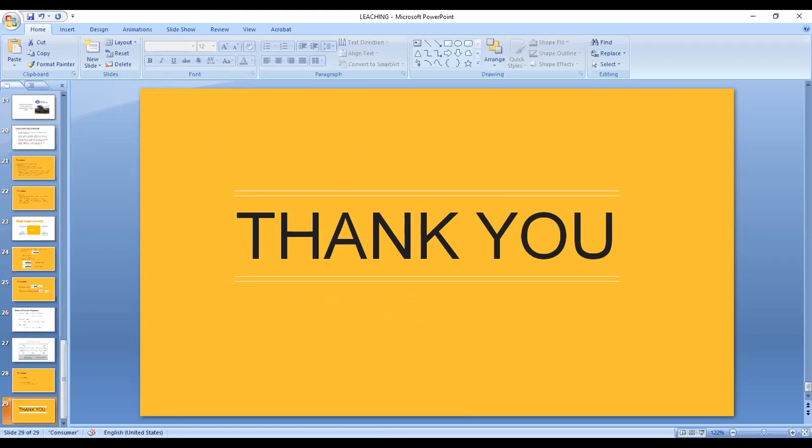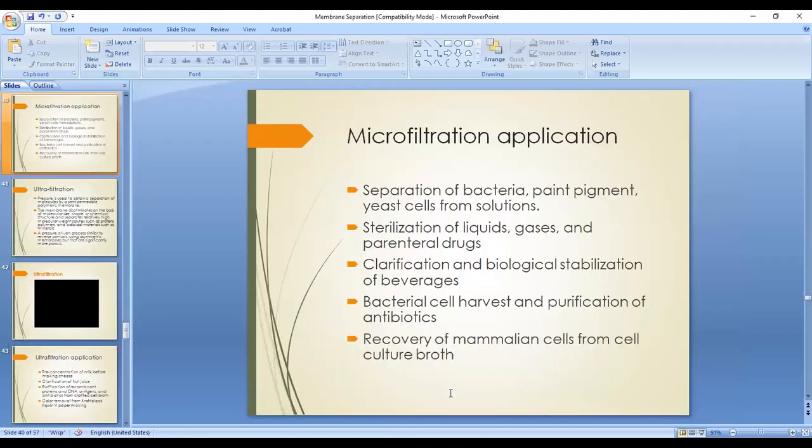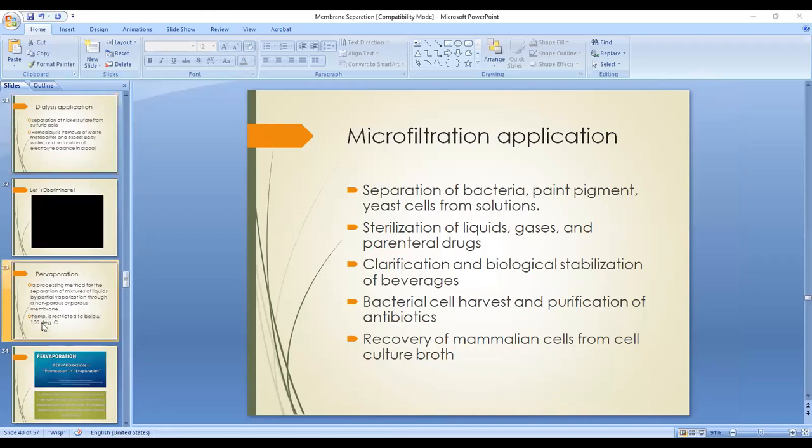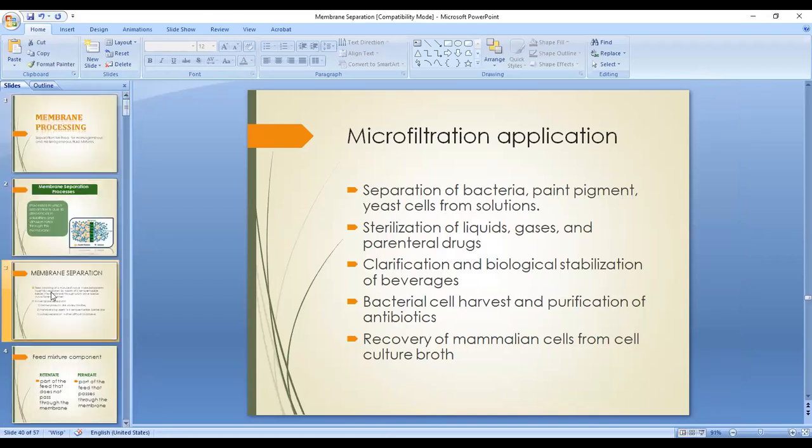Your membrane separation slides, I will just quickly show it to you. I'm not sure if this is the same slide that I shared with you last year, but I have modified some, and I have included videos that way you'll be refreshed, or you'll have a clear picture of what a particular membrane process is.